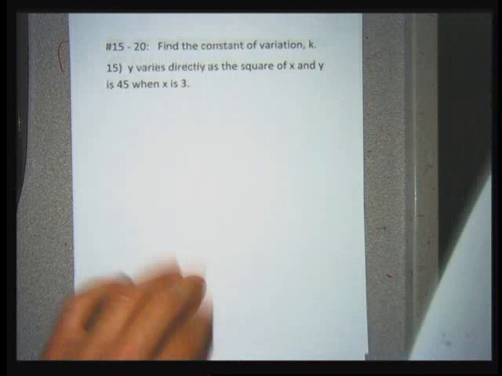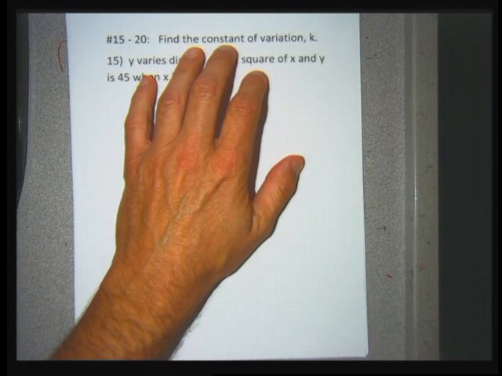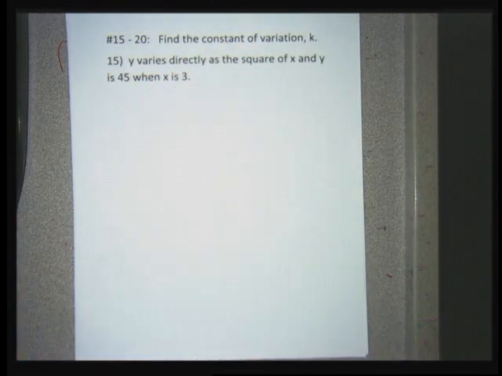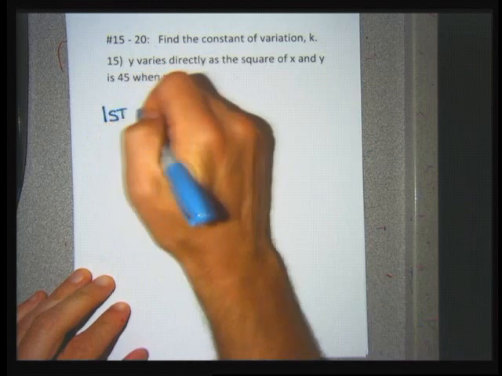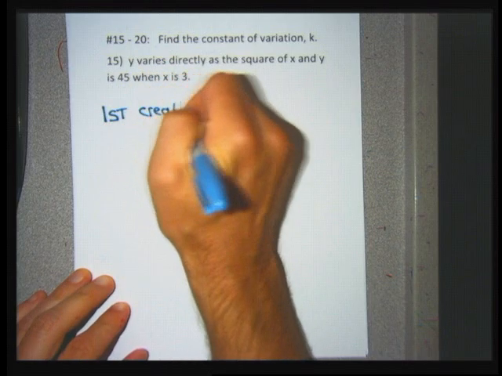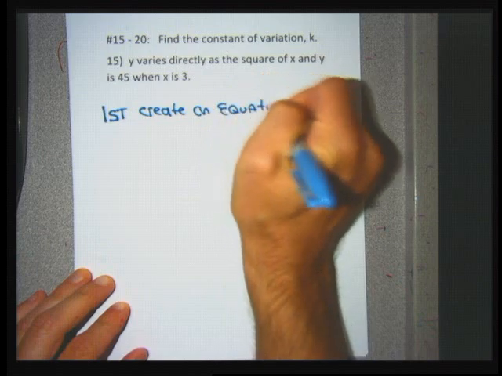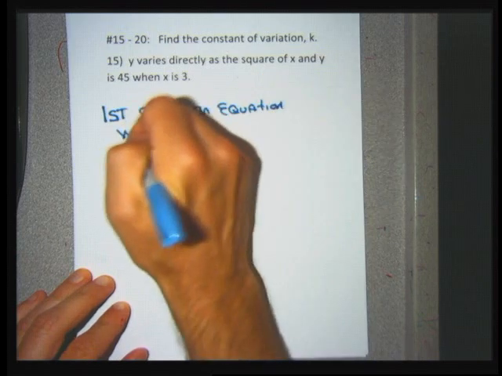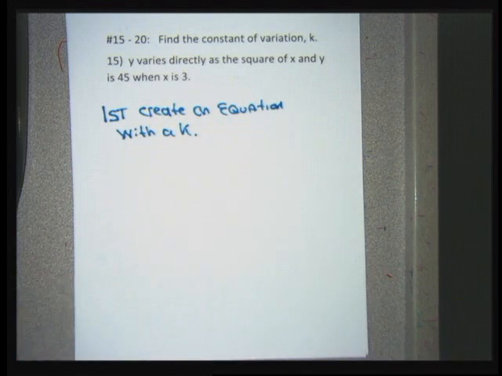So that group of problems up through 14 were the challenging problems. For 15 through 20, the instructions say find the constant of variation K, and these problems are two-step problems. So what I'm going to do for each of the problems between 15 and 20 is first create an equation with a K, just like I did in the first 14 problems.